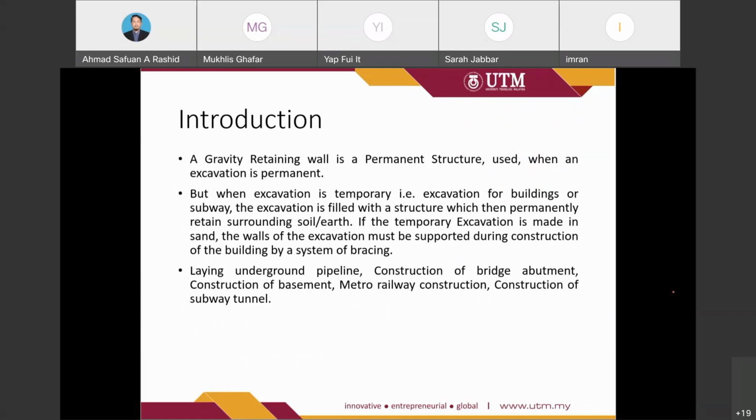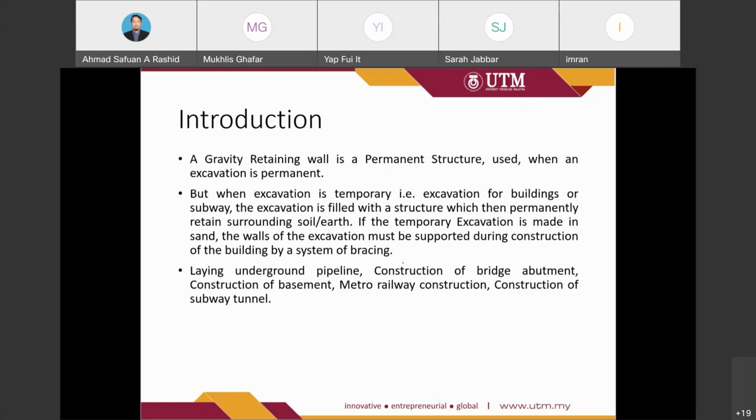A gravity retaining wall is a permanent structure used when an excavation is permanent. But when the excavation is temporary, such as excavation for a building or subway, the excavation is filled with a structure which then permanently retains the surrounding soil or earth. If the temporary excavation is made in sand, the wall of the excavation must be supported during construction of the building by a system of bracing.